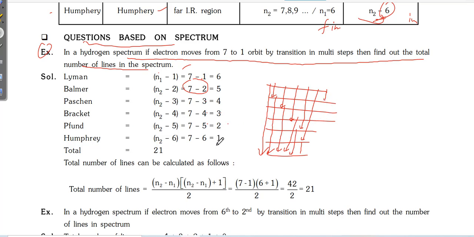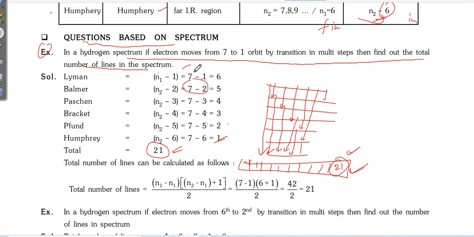So like this, all probabilities, if you count it, total 21 is there. So 21 lines are forming. If you take the spectrum here, 1, 2, 3, 4, 5, 6, 7, 8, 9, like that, 21 lines are forming here. Okay. So electron is on the 7th shell. From 7th to 1, there are 21 probabilities. That's why 21 lines are forming.